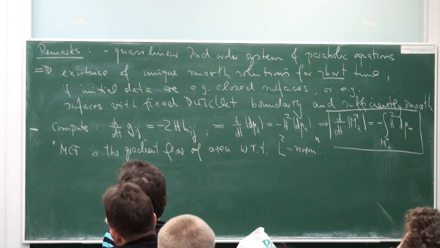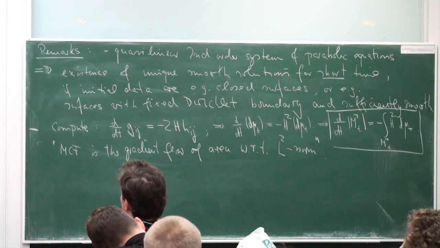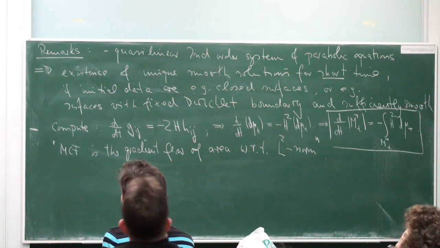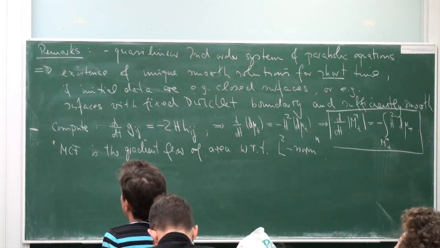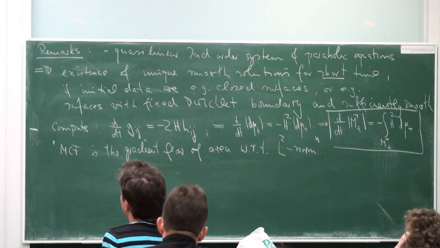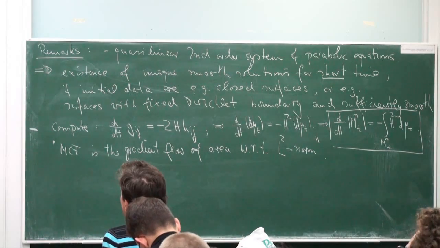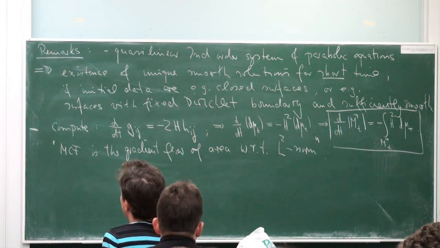Right? The ordinary heat equation is the gradient flow of the Dirichlet energy with respect to the L2 norm. It's the fastest way to make the Dirichlet energy smaller. So here, instead of harmonic functions, we consider minimal surfaces where the right-hand side is equal to 0.